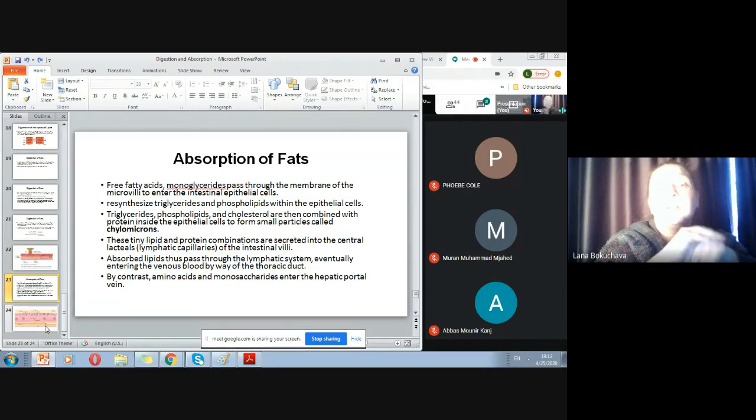Particularly, these are like small capillaries, lymphatic capillaries, which are projecting into each intestinal villus. And as a result, what do we have in this case? We have the absorption of the chylomicrons into the lymphatic vessels, rather than the blood vessels.